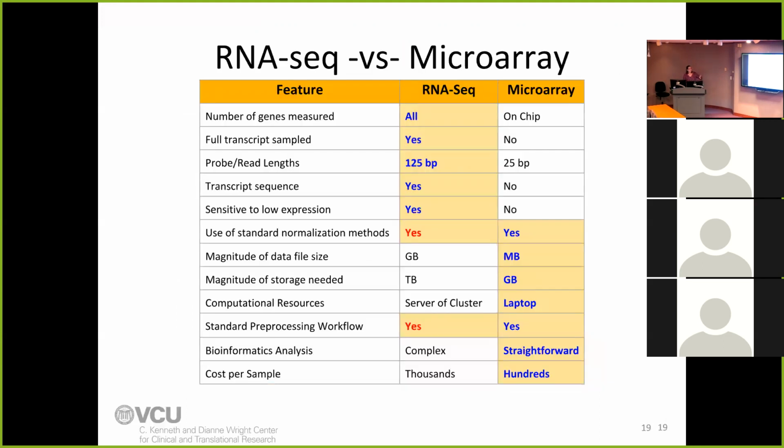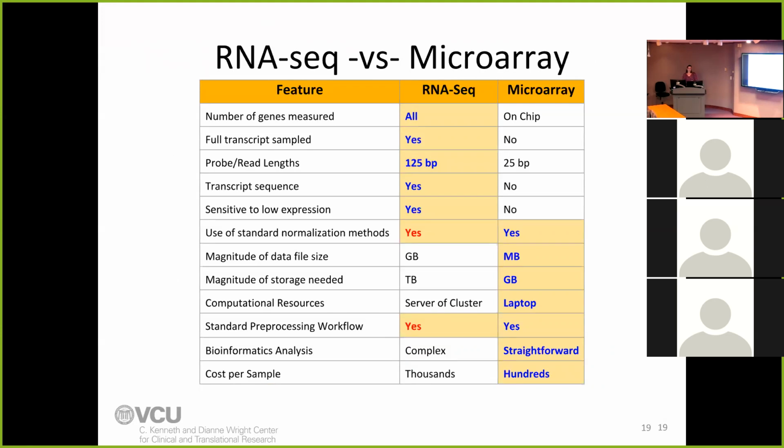This is just a summary of my take on RNA-seq versus microarrays for gene expression analysis. RNA-seq actually measures all of the genes, not just the ones that you know, so you can discover novel genes. It actually samples the full transcript, not just your small 25 or 60 bases on your probe.